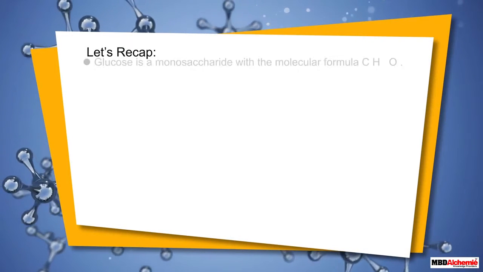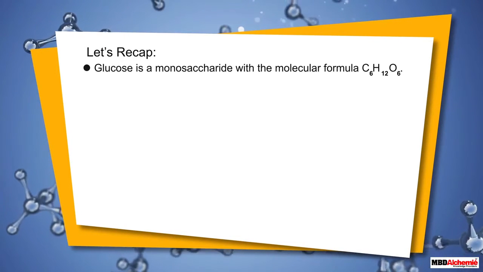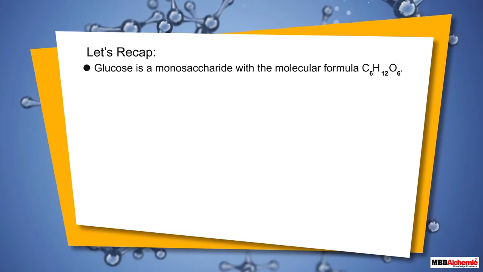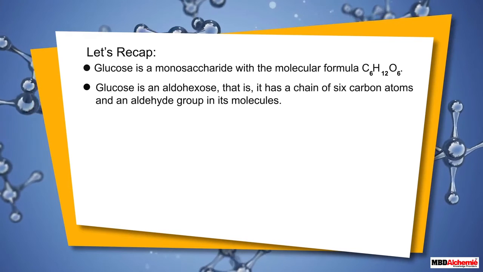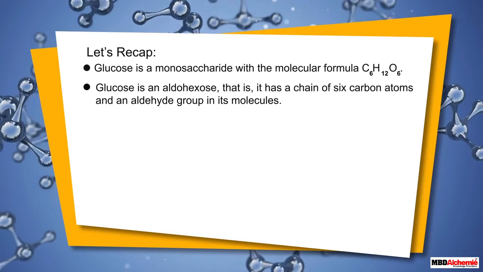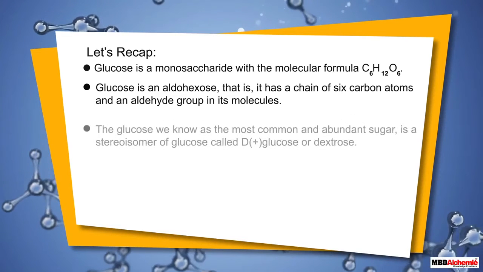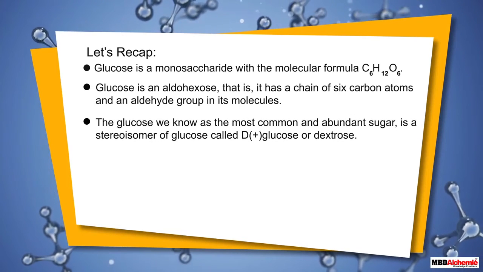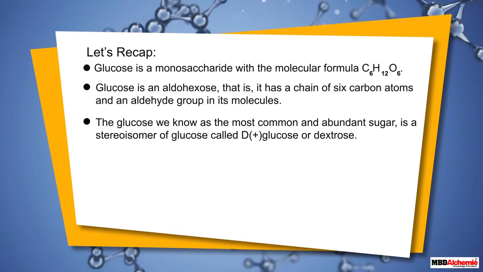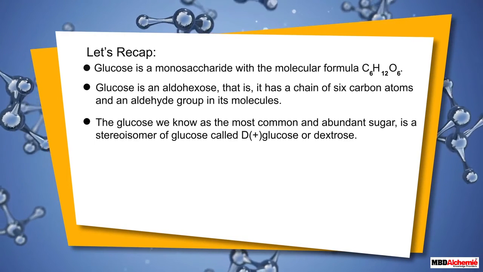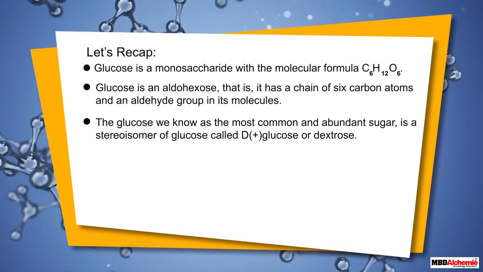Let's recap. Glucose is a monosaccharide with the molecular formula C6H12O6. Glucose is an aldohexose, that is, it has a chain of 6 carbon atoms and an aldehyde group in its molecules. The glucose we know as the most common and abundant sugar is a stereoisomer of glucose called D+ glucose or dextrose.